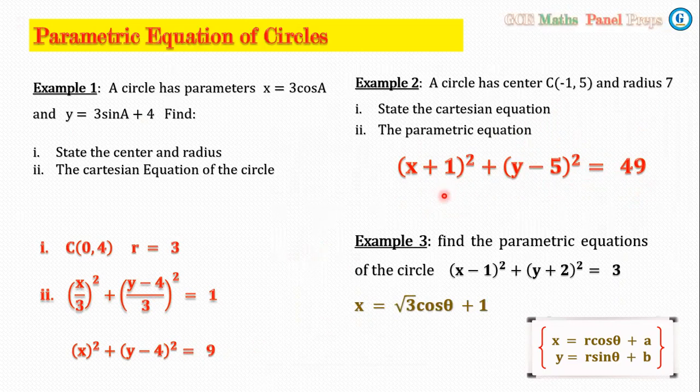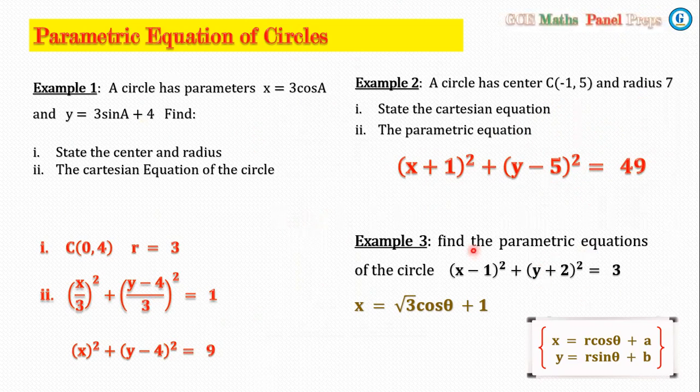So the parametric equation here will be given by x equals 7 cos theta plus minus 1, and y equals 7 sine theta plus 5.